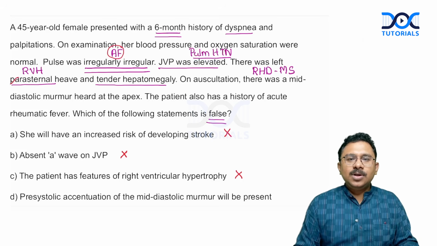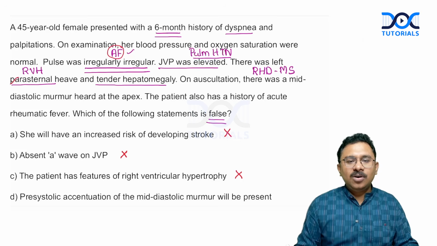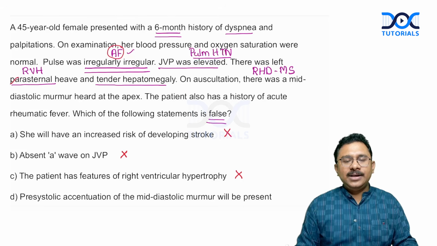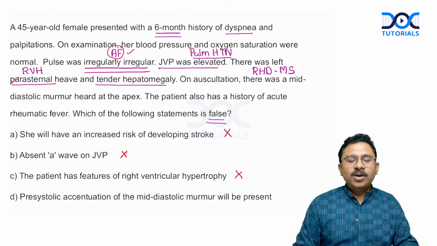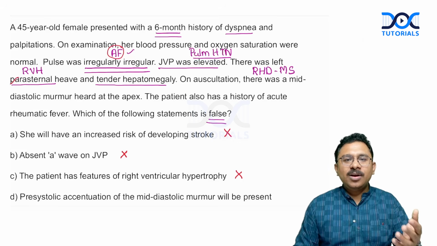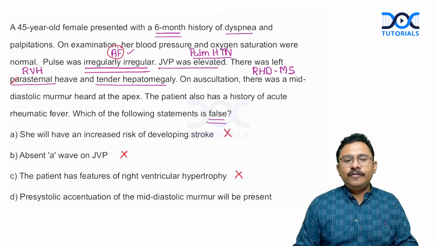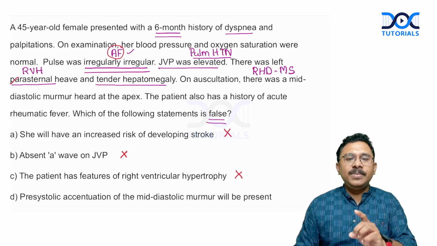But there is a problem here. What is that scenario where you will not get such a presystolic accentuation? That happens in the context of atrial fibrillation. Because the atrial kick is necessary for the presystolic accentuation, when you have a disorganized atrial musculature contraction in atrial fibrillation, this presystolic accentuation will not be present.